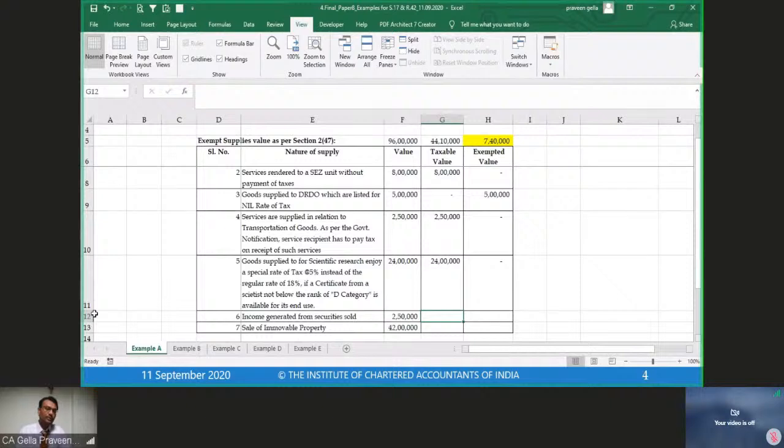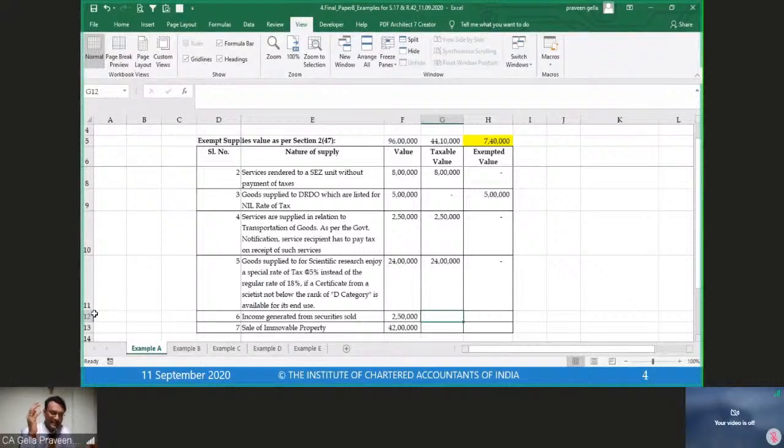Goods are something tangible, which excludes securities from the definition. Section 2 subsection 52 says every kind of movable property other than money and securities. So goods exclude securities.